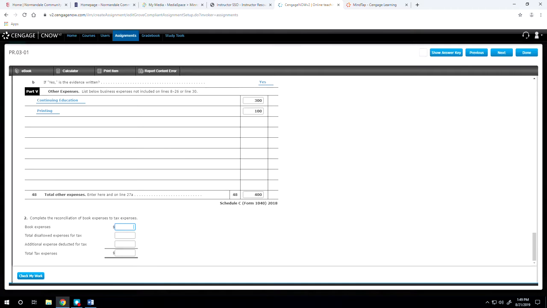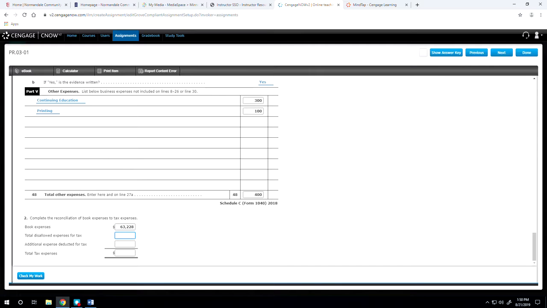The book expenses we can get from looking at our income statement. So book means the books, the financial statements. We have two sections of expenses on our income statement. One is the cost of services and one is the operating expenses. So if we take the total cost of services of $34,035 and add $29,193, that gives us the book expenses, which are $63,228.